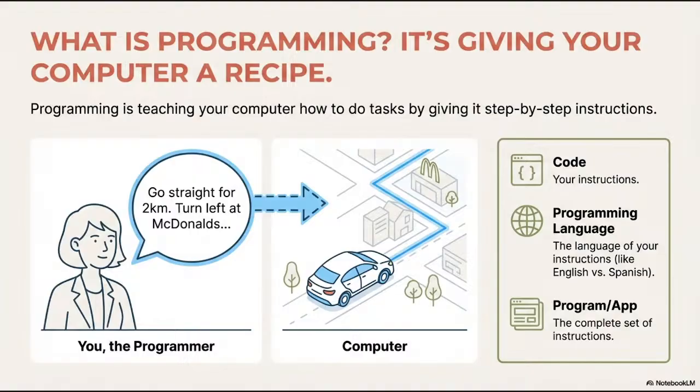And the computer is like a car, following exactly what you said. So you, the programmer, are the one who drives the car, it's like that. You give instructions, and then the computer follows them and gives you a result. It's an example.